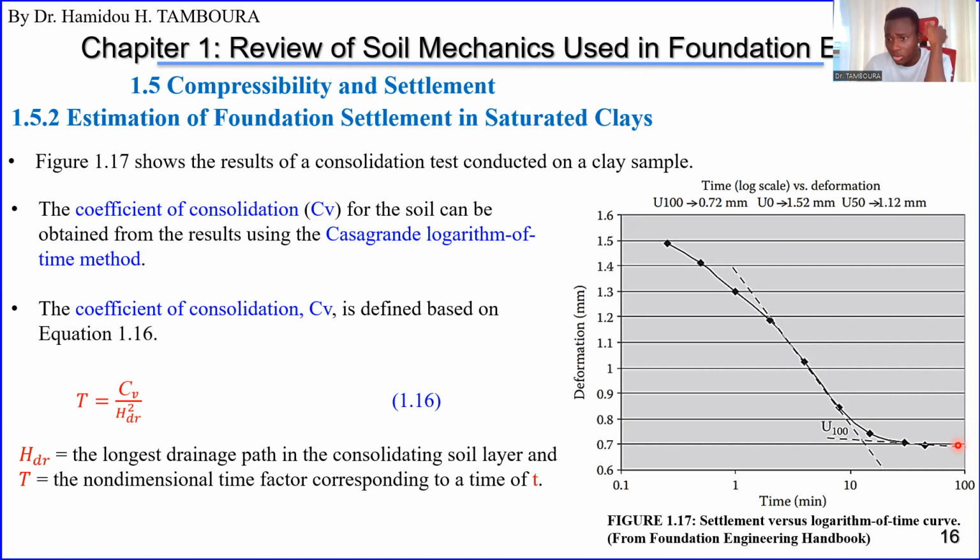So U100 here means 0.72 millimeter. It's here, 0.72 millimeter. And initially, it's here, 1.52 millimeter.